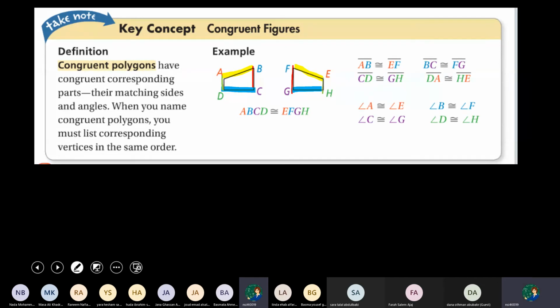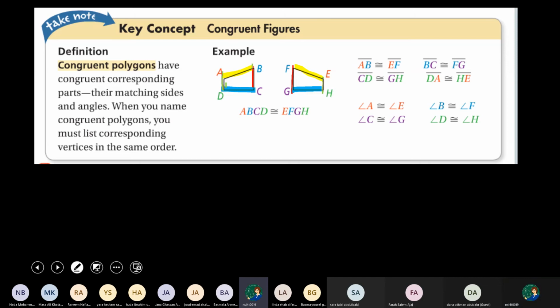Don't forget the movement: A, then B, B then C, C then D, D then A. Here it is the same. Look here, you started from down going up. So E to F, then F to G, then G to H, then H to E. Now I check all the sides, whether they are corresponding and congruent or not. They are congruent. Now look at the angles.